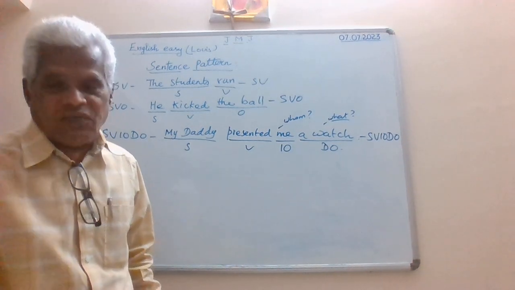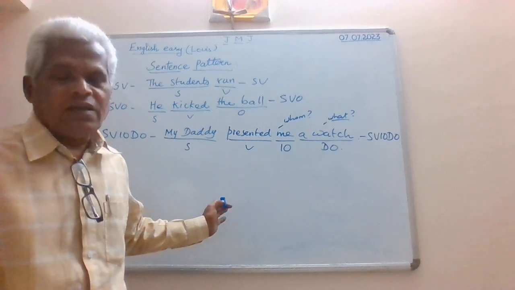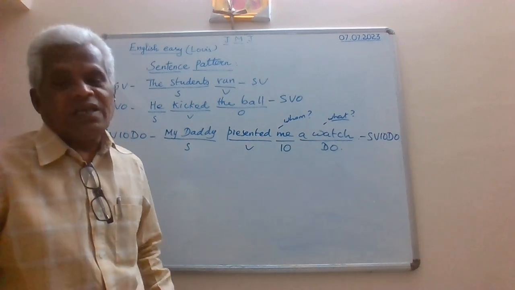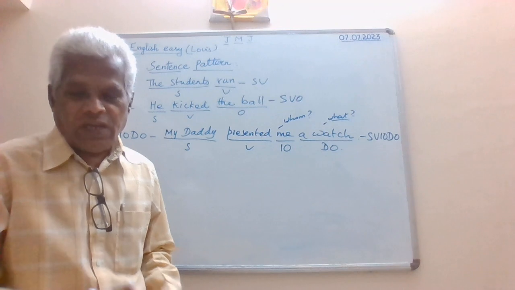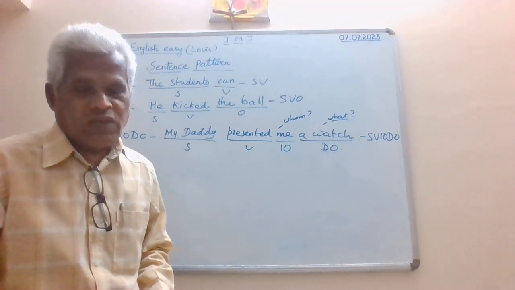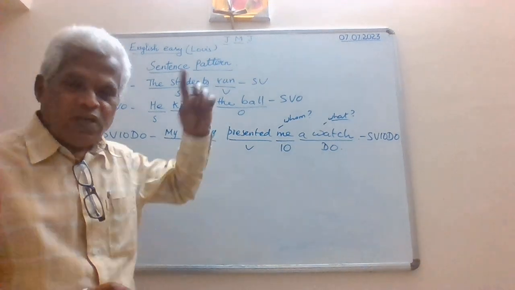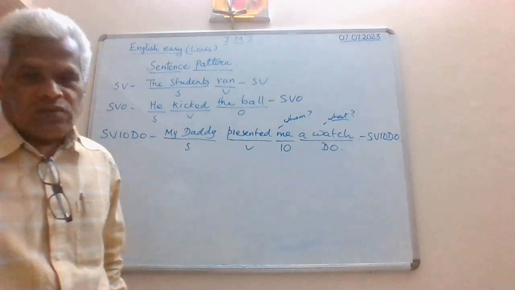Therefore, a word that is indirectly involved with the action of the subject is known as indirect object. So the pattern of the sentence is SVIODO. So this is the continuation of the previous video, and this is to help you recall what we did in the previous video. Now let us continue.